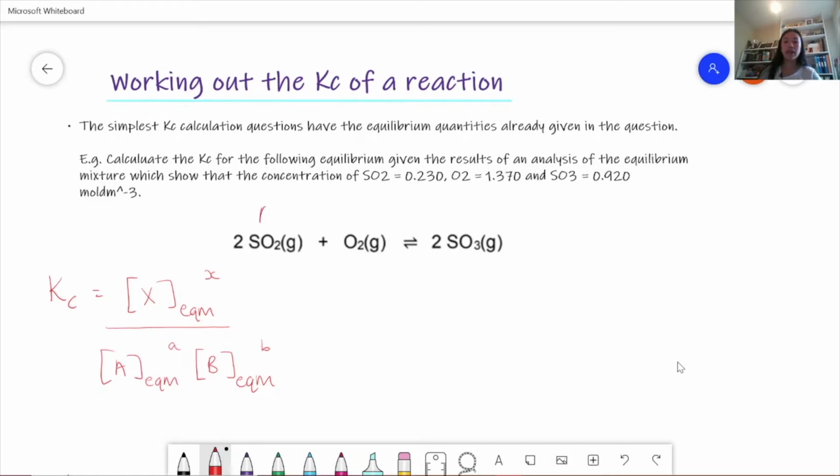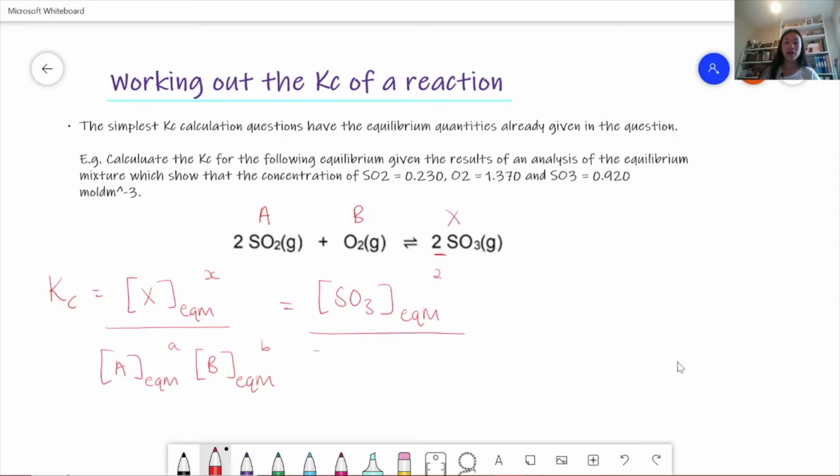So if we call this A, this B, and this X, we should be able to find this. So that means we're finding the concentration of SO3 at equilibrium and then multiplying it by 2 because this is the amount of moles of SO3 we have.